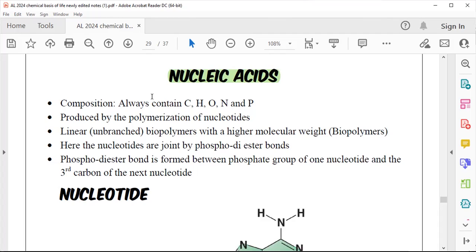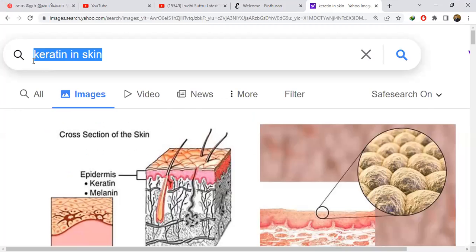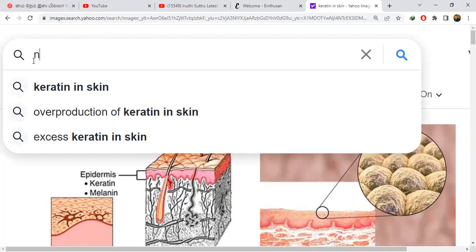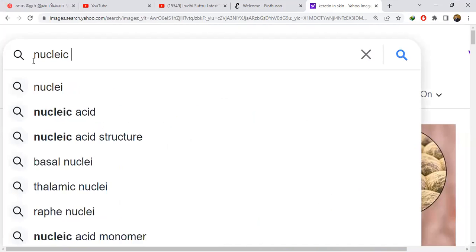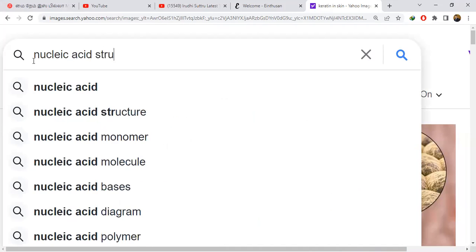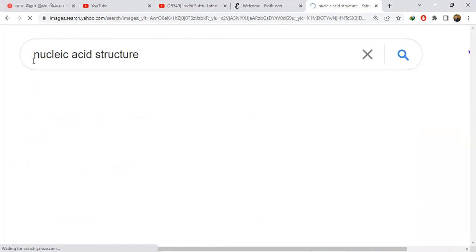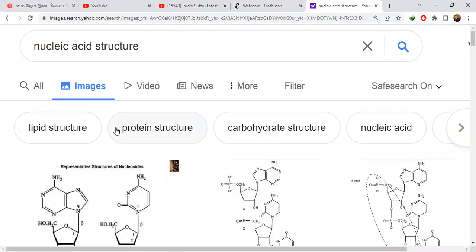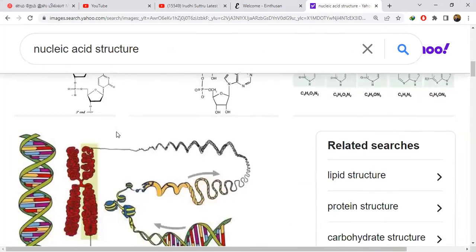Second point: nucleic acids are polymers of whom? Nucleotides.